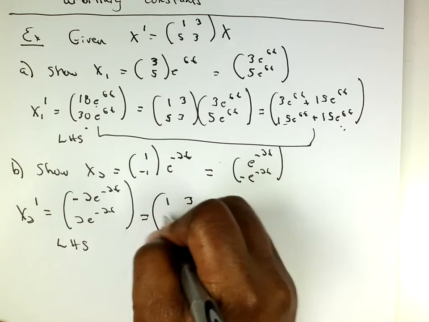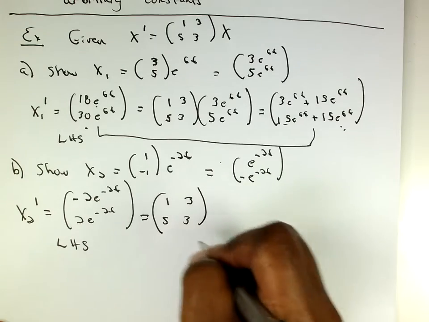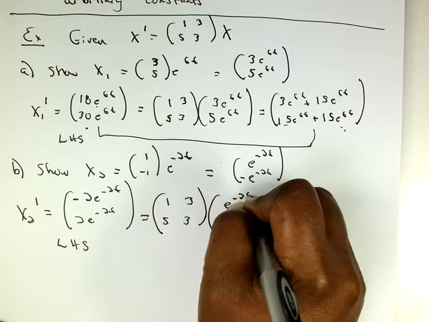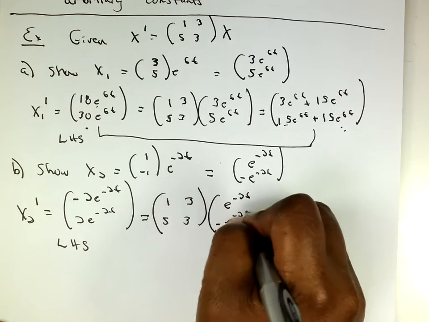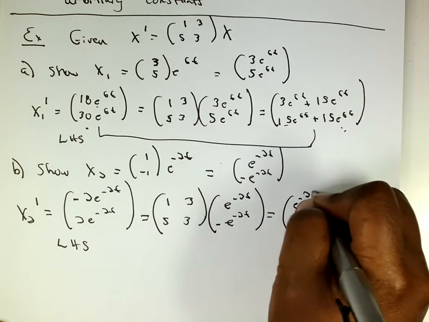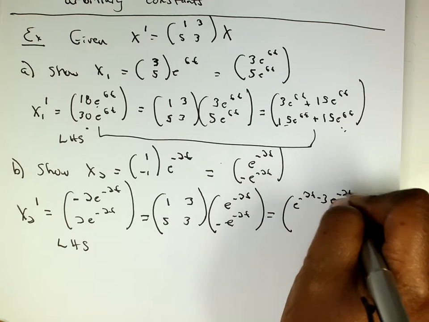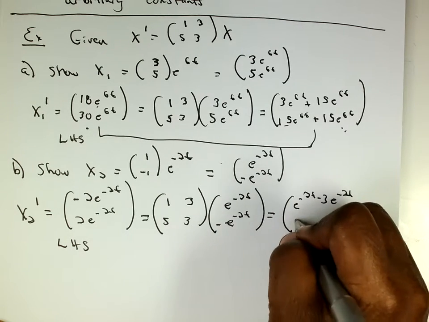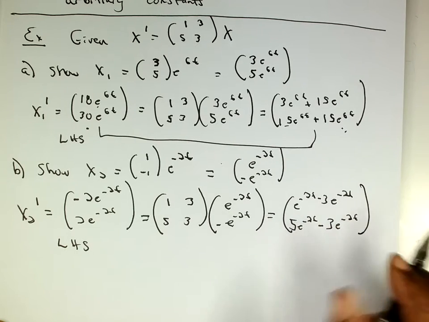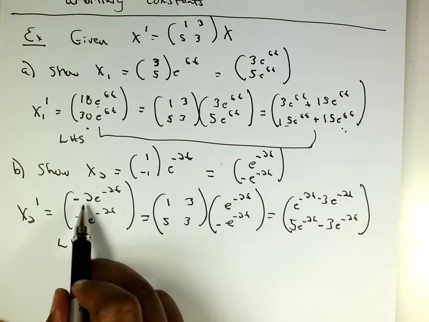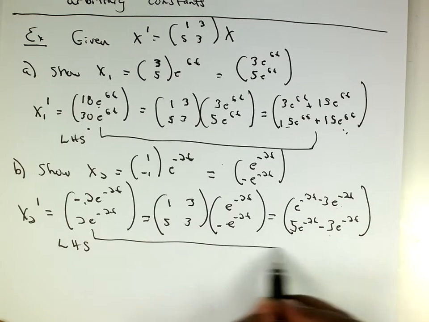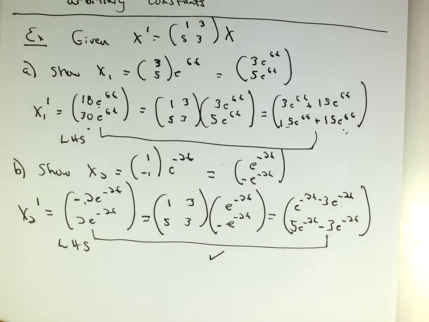Again, I have the same coefficient matrix, 1, 3, 5, 3, and I'm multiplying it by x2, so e to the negative 2t, negative e to the negative 2t. When I multiply it out, I get e to the negative 2t minus 3 e to the negative 2t, and then 5 e to the negative 2t minus 3 e to the negative 2t. When you subtract these, I get negative 2 e to the negative 2t, which matches. And down the bottom, 5 minus 3, I get 2 e to the negative 2t. Those two match, so therefore it is a solution.